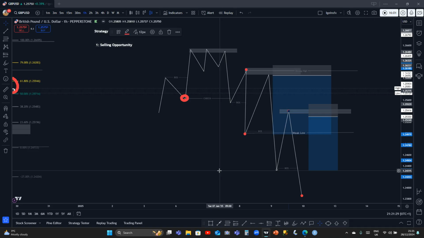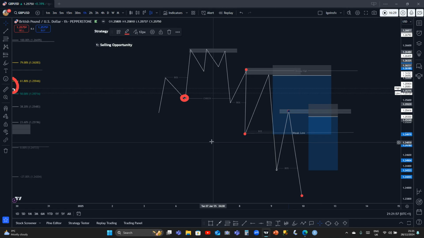It can stop at 23%. It can stop at 38%. All these levels are continuation of trend. So what do we mean by continuation of trend? It simply means price action will not make a full retracement, it will only retrace a little, then continue.